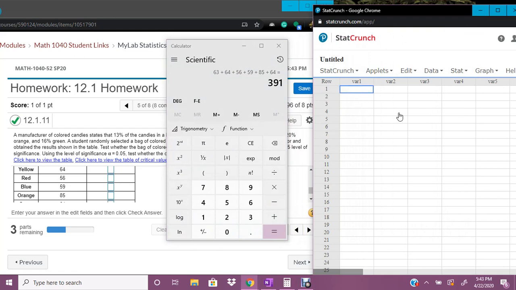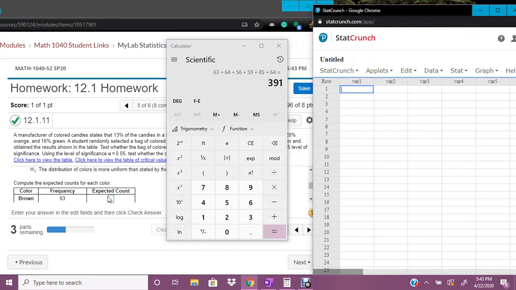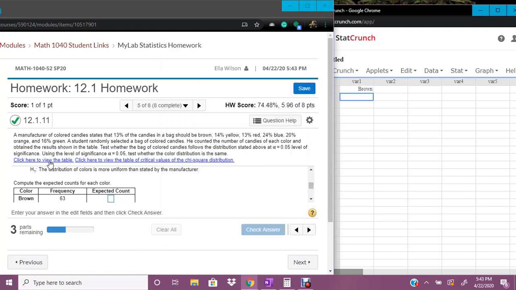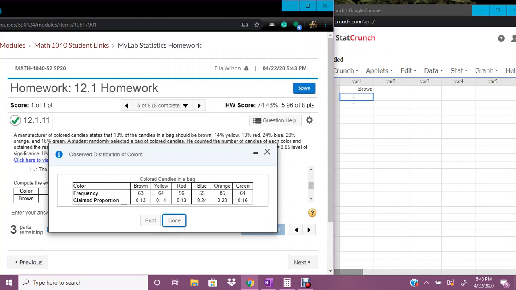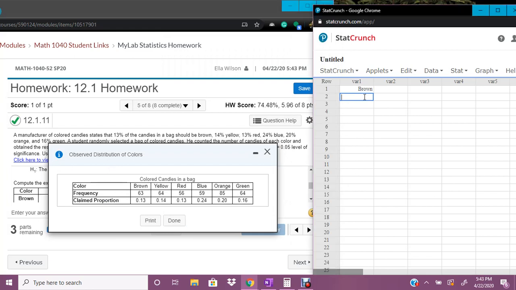Now I'm going to go into StatCrunch and type in our data. For some reason, it doesn't let us change it here, so I'm just going to put this data into StatCrunch. I'm now putting in the frequency, and I'll label it observed so that I don't get confused.